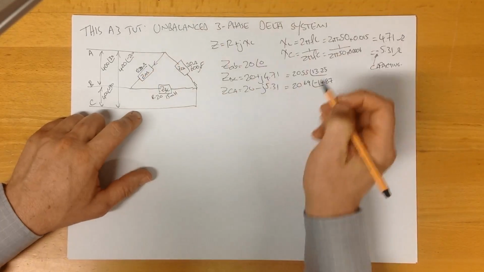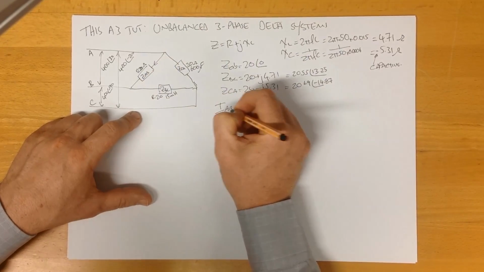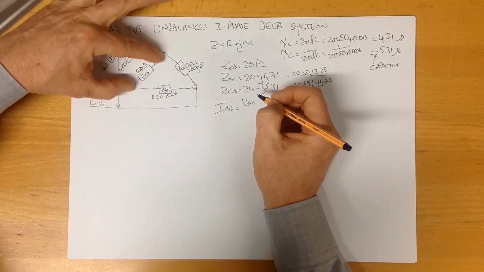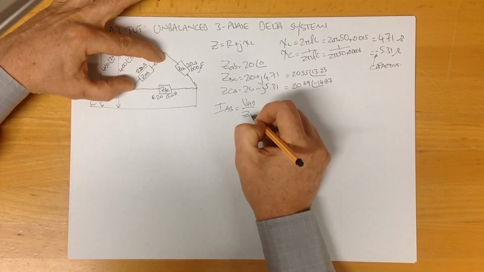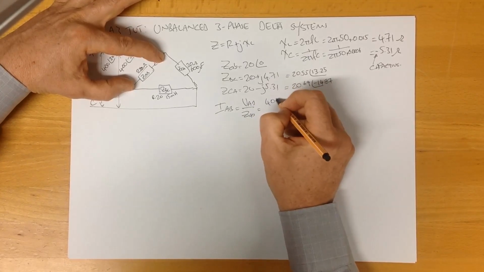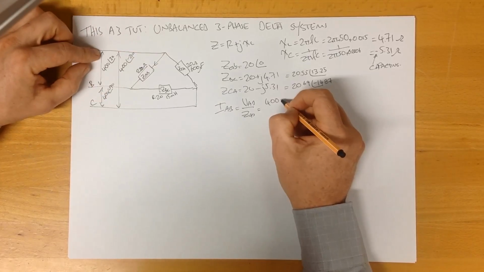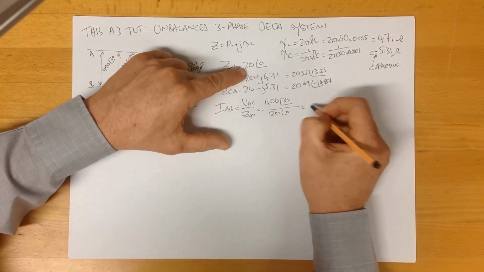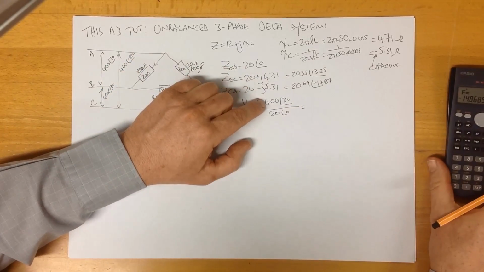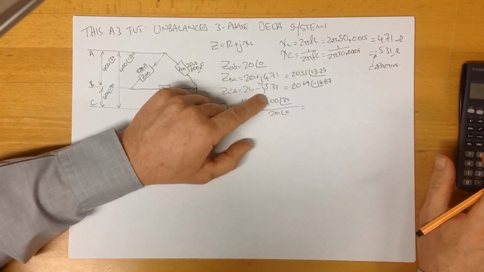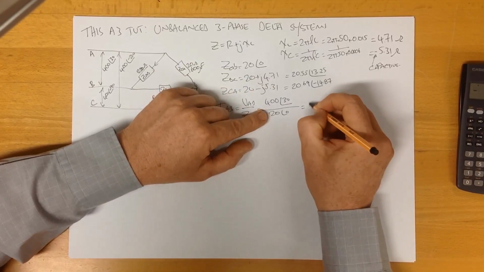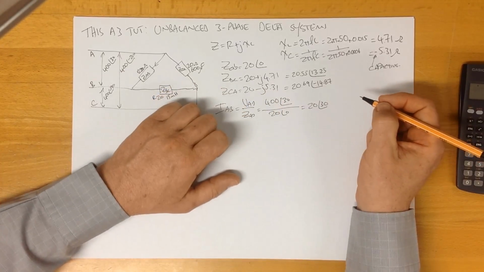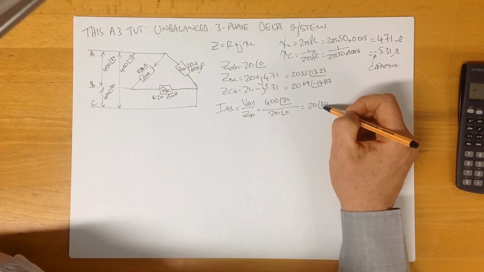So the current IAB is the voltage across AB, this voltage here, divided by the impedance ZAB, which is 400 at an angle of 30 divided by 20 at an angle of 0. 400 divided by 20, we don't need our calculator for. That's 20. 30 minus 0, there, it's not 0, it's 30.